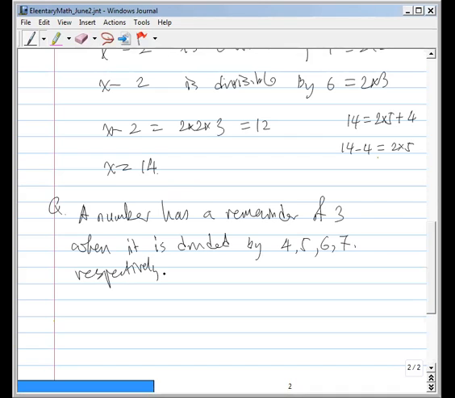You know what I mean, respectively. Find the number. This number, of course, should be greater than 3, otherwise it's not true. So find the smallest possible value of the number.